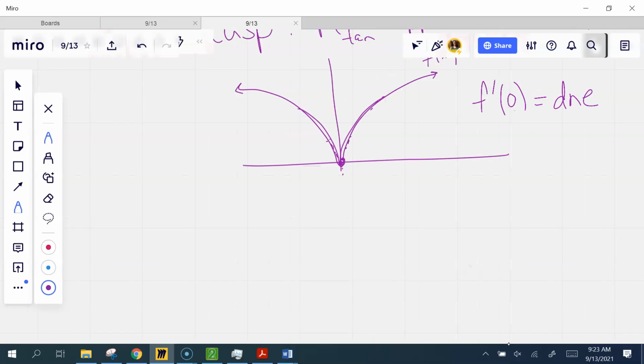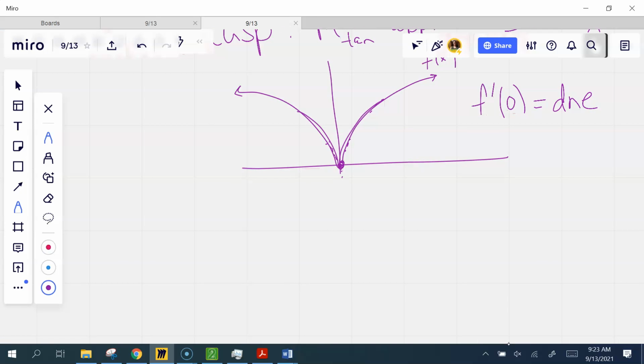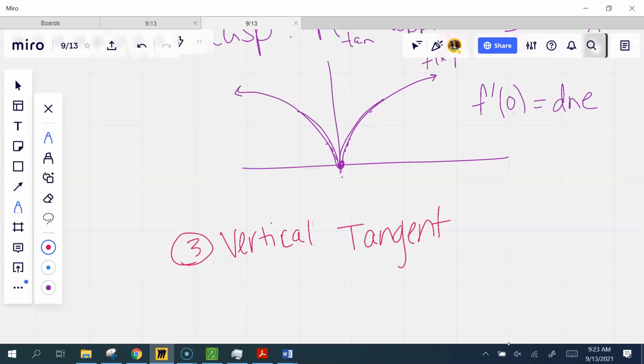Two others, and they're a little easier than these two. I started with the hardest two. Number 3 is going to be a vertical tangent. Okay, but it sounds worse than what it is.